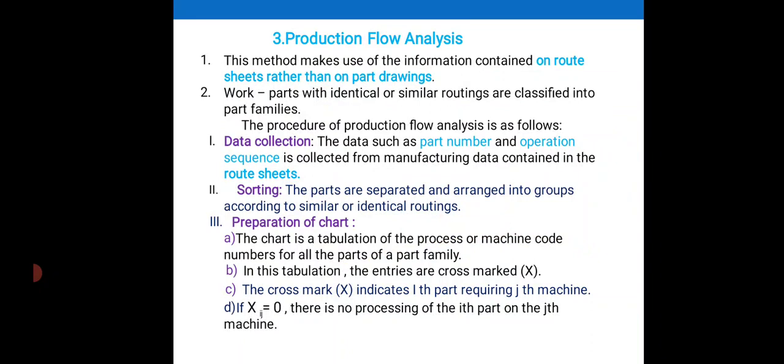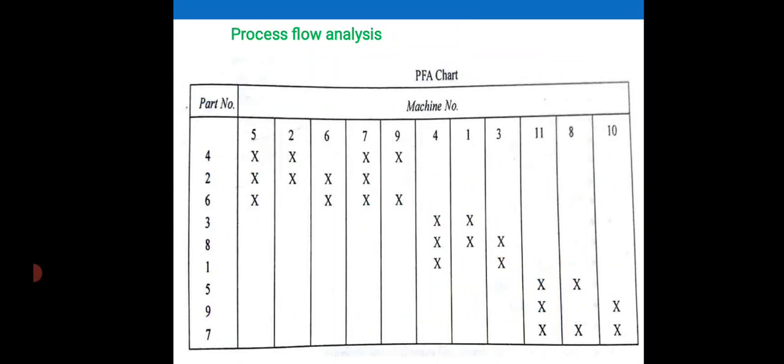The chart is a tabulation of the process or machine code numbers for all the parts of a part family. In this tabulation, a cross mark indicates an entry; you can see this tabular column. This is the PFA chart, that means production flow analysis chart. Here the first column indicates the part number, and the first row indicates the machine number. So here, 5 means machine number 5 is doing part number 4.